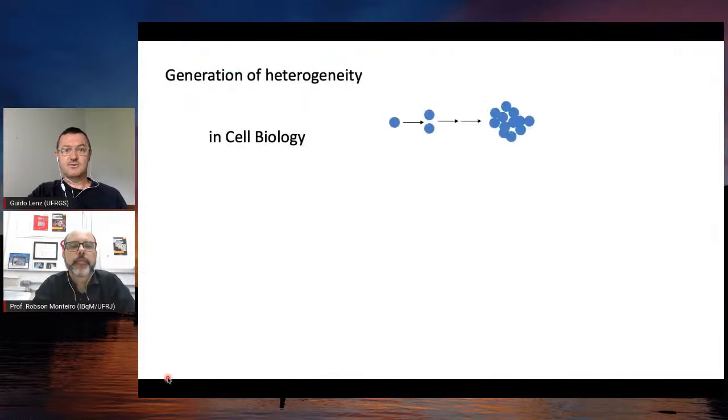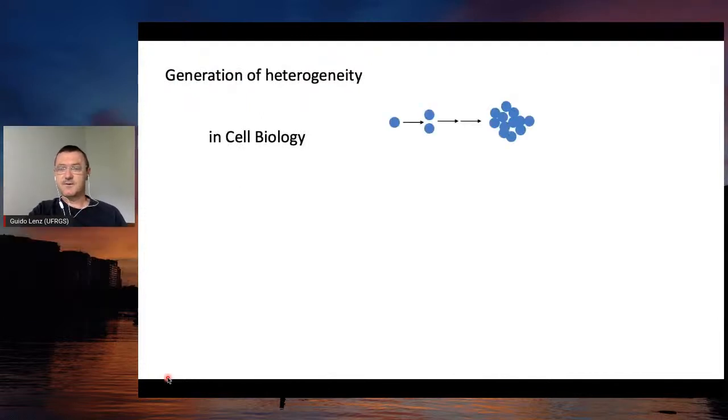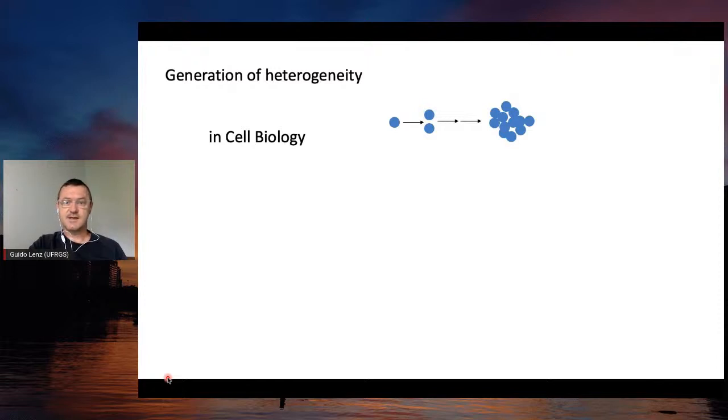Basically, in cell biology, we think of cell divisions and the formation of clones as an event that produces similar cells, at least genetically similar cells. However, we are more and more seeing that even with one mitosis, but especially in the formation of colonies, we can see the generation of quite a bit of heterogeneity.